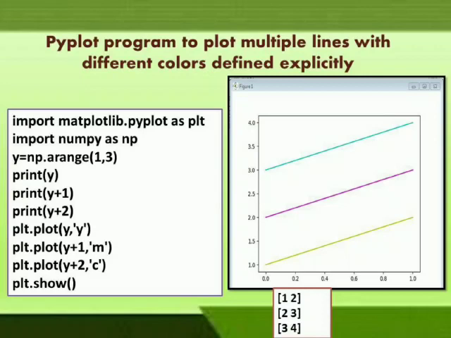Now y is equal to np.arange(1, 3). So y is a numpy array equal to np.arange. What is arange? Arange is a method of numpy. And here we are giving the lower limit and the upper limit, 1 and 3.